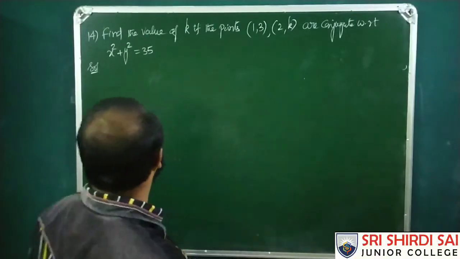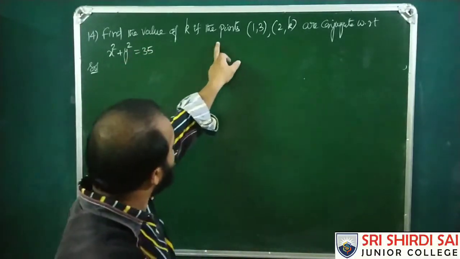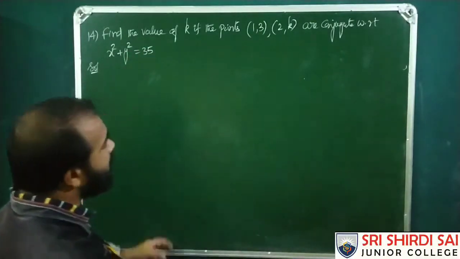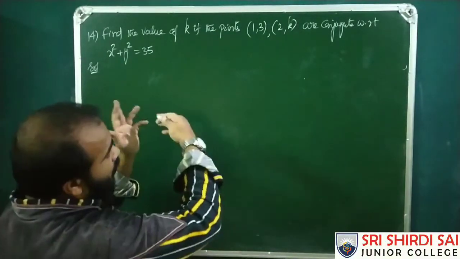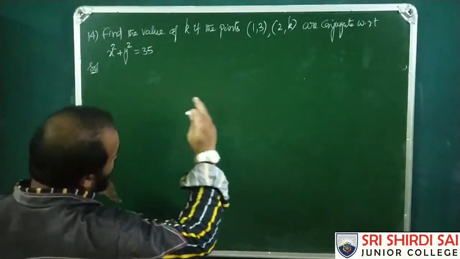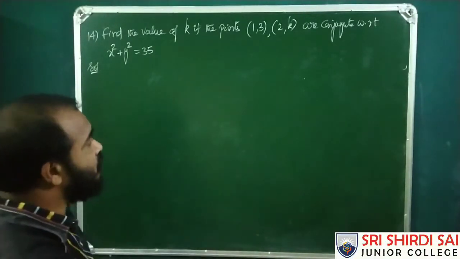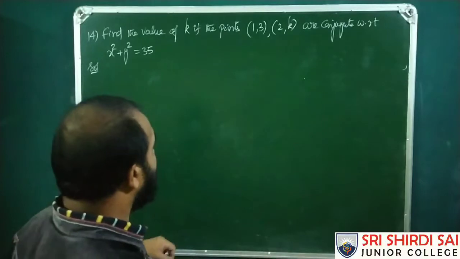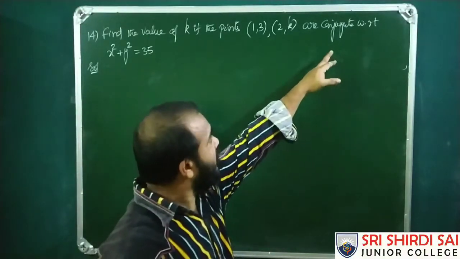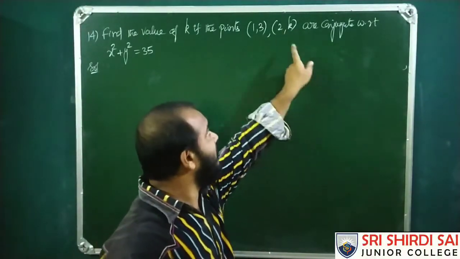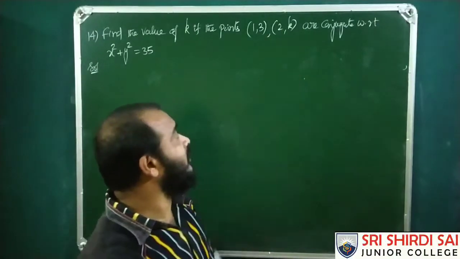The next question is: find the value of k if the points are conjugate. That means the points are conjugate is already given. So what is the condition for the 2 points to be conjugate with respect to circle S equals to 0? S12 equals to 0. Because conjugate, S12 equals to 0 we will take. In that course we will be getting k.